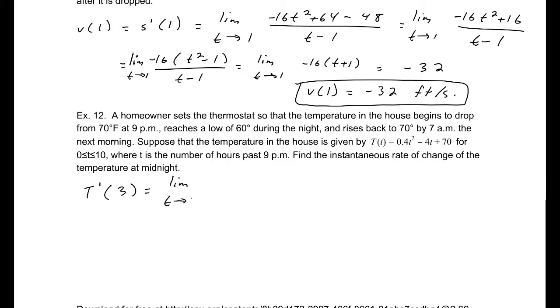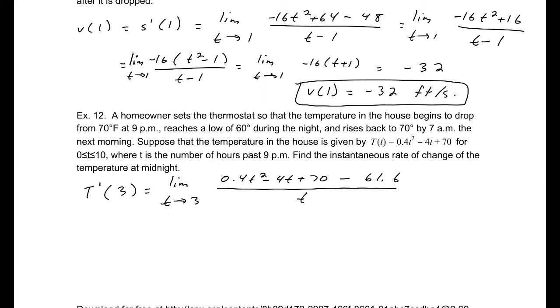So that is a limit as t approaches 3 of T of t, 0.4t squared minus 4t plus 70, minus, if we evaluate that at 3, so 0.4 times 3 squared minus 12 plus 70 is 61.6.